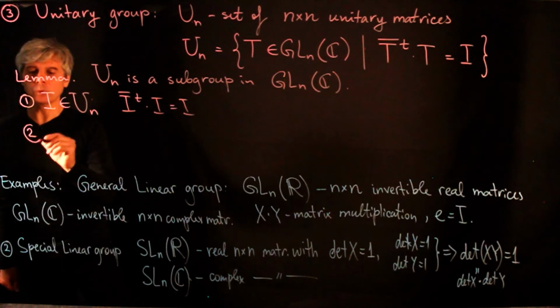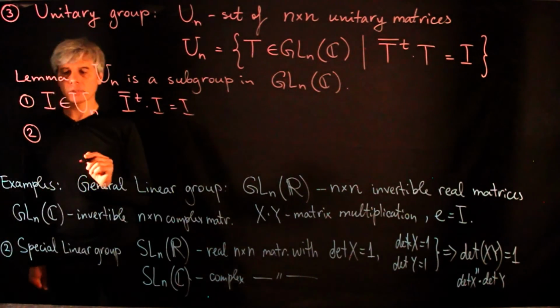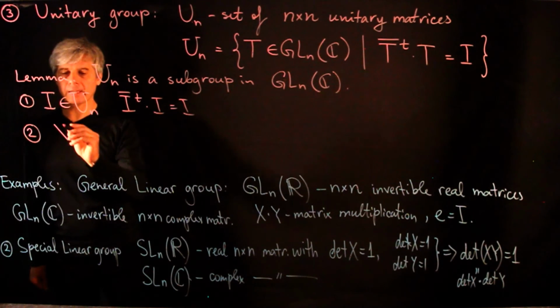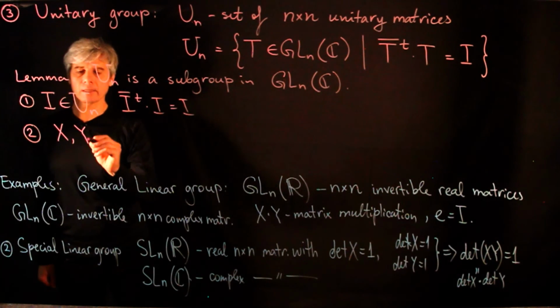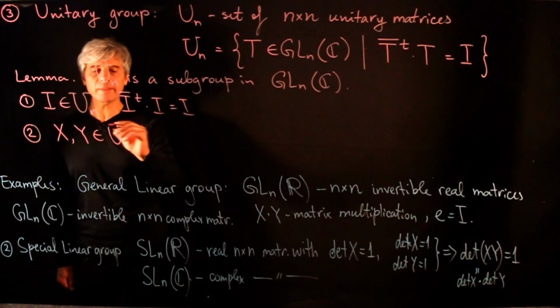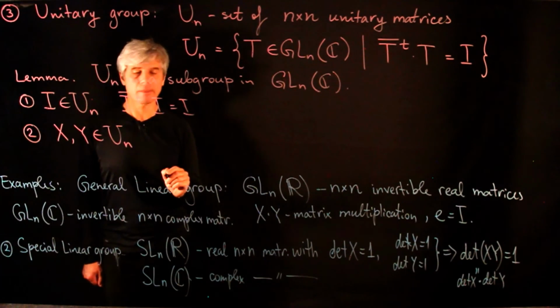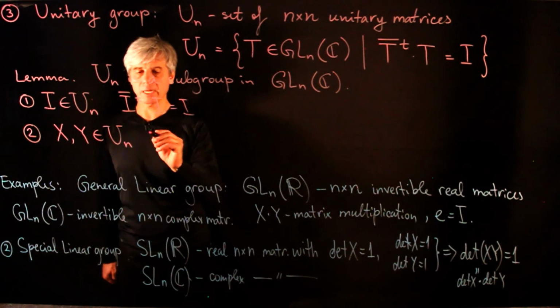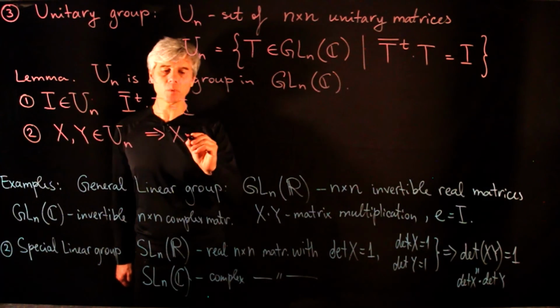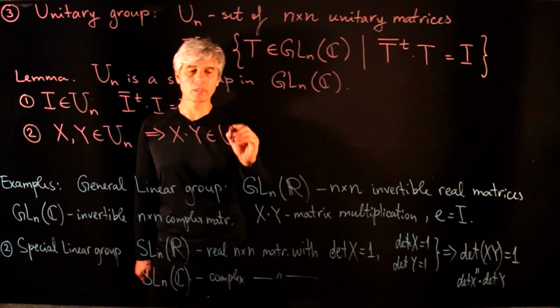Then 2, if we have x and y in UN, then this implies that x times y is also in UN.